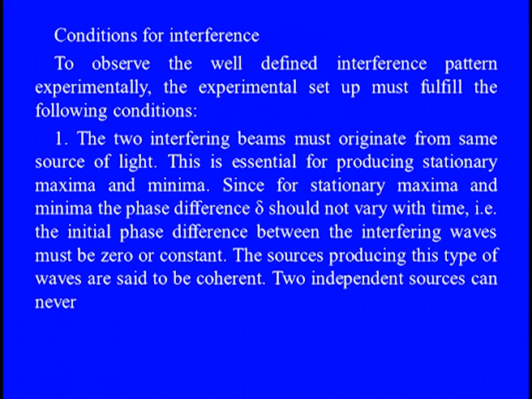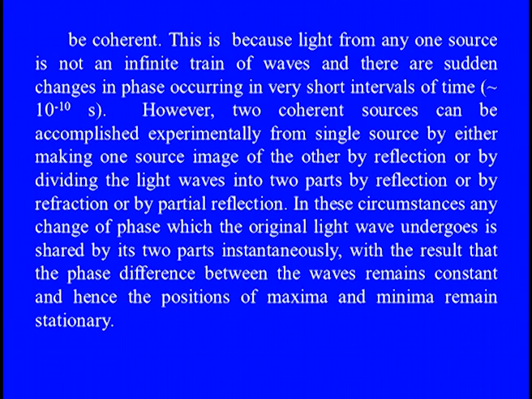This is essential for producing stationary maxima and minima, since for stationary maxima and minima, the phase difference delta should not vary with time. That is, the initial phase difference between the interfering waves must be 0 or constant. The sources producing this type of waves are said to be coherent. Two independent sources can never be coherent.